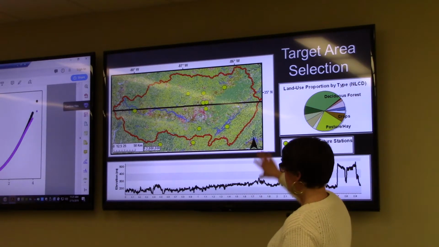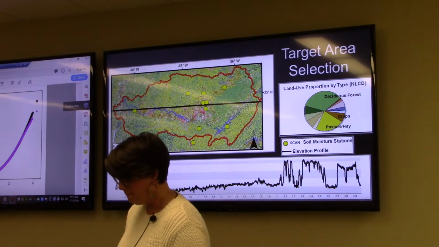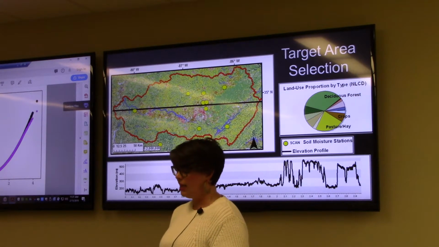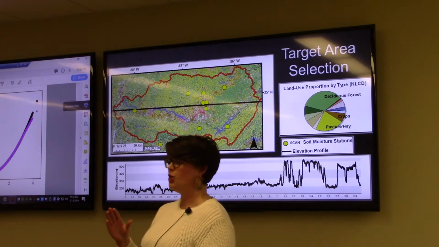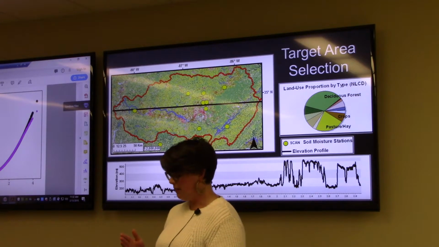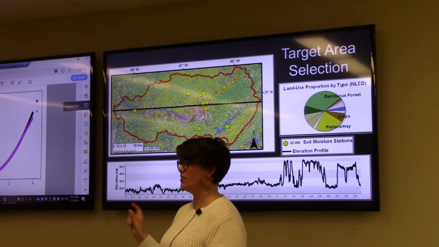So in order to do this, remember I said that I have a globally gridded data set. Well, there's a lot of variation in a global data set, right? And whenever you're doing a modeling task, I think it's best to start as simply as possible to reduce the number of variables that you have to monitor.